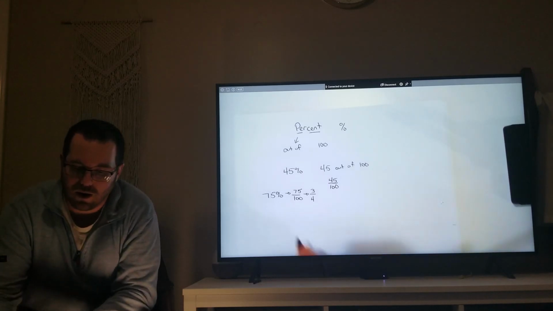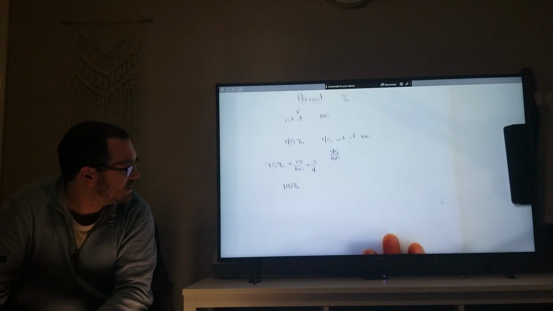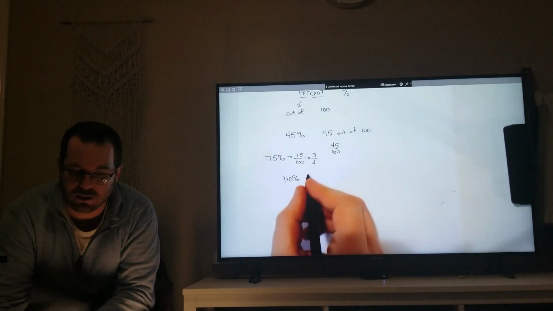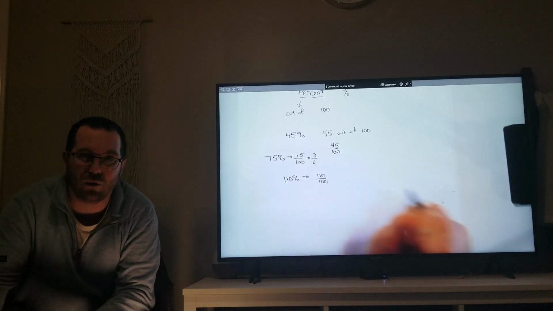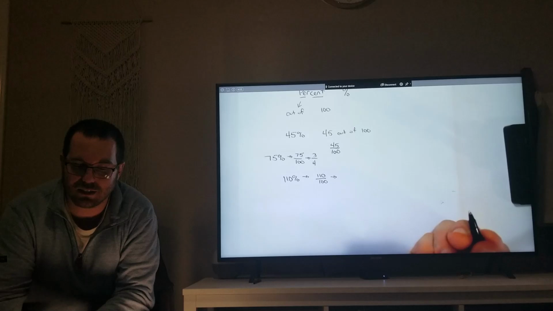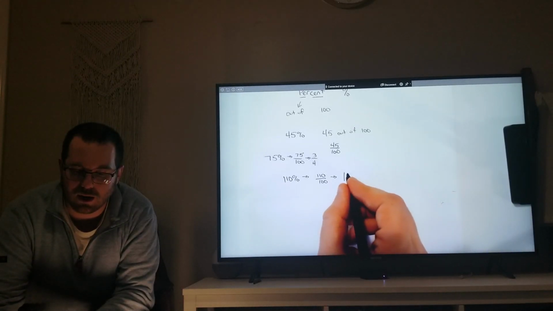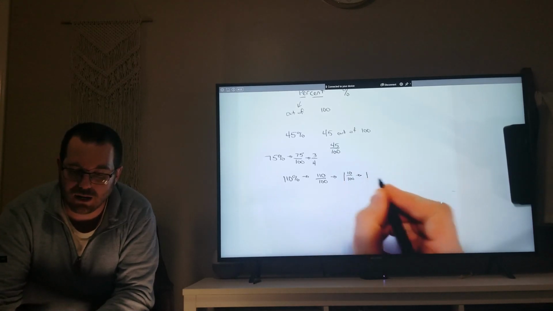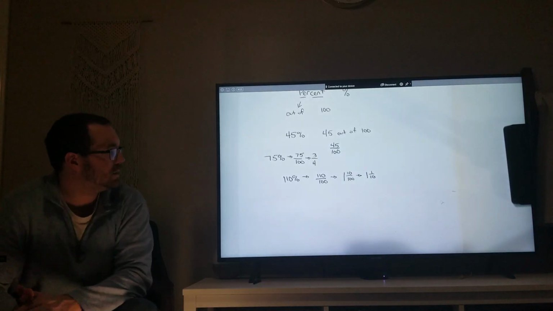So now, instead, you got 110% on that test. 110% would be the same as 110 over 100. If we simplify that, this would simplify to 1 and 10 over 100, or 1 and 1 over 10. I could simplify things that way.